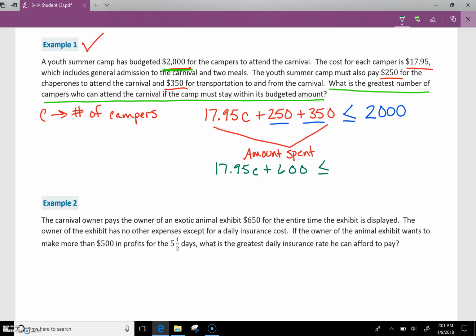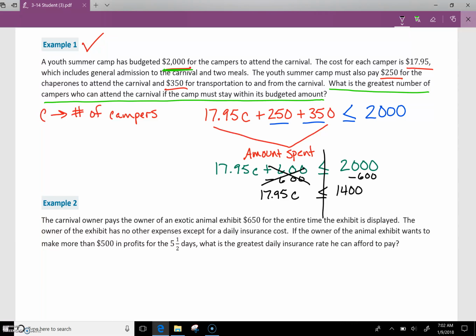That needs to be less than or equal to the $2,000 budget. Now we solve it just like we would an equation. So first thing we're going to do is subtract 600 from each side. When we do, we're going to get 17.95C is less than or equal to 1,400.